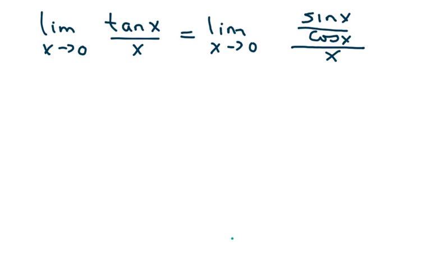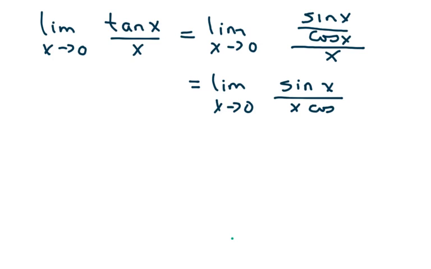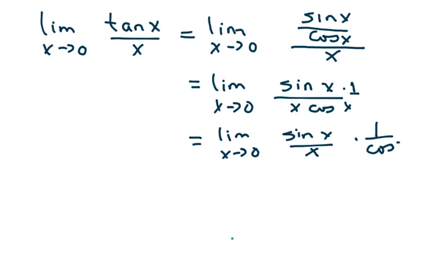Now, I'm going to separate this out first by writing this as the limit as x approaches 0 of sine of x over x times cosine of x, which is, I can multiply this by 1 here and say this equals the limit as x approaches 0 of sine of x over x times 1 over cosine of x.